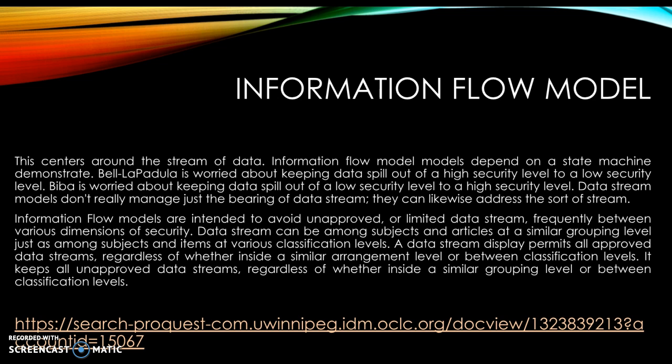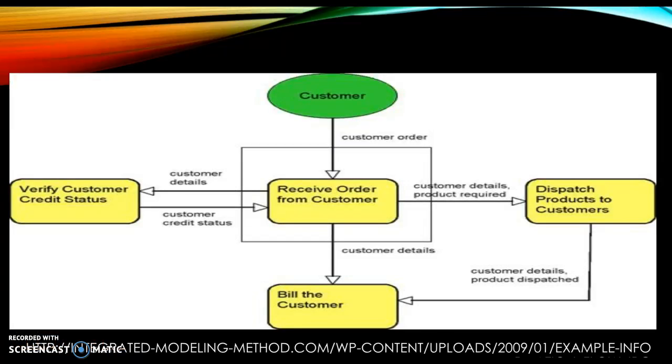The data stream can be among subjects and objects at a similar classification level, just as among subjects and objects at the various classification levels. A data flow model permits all approved data streams, regardless of whether inside a similar classification level or between classification levels. It keeps all unapproved data streams, regardless of whether inside a similar classification level or between classification levels.